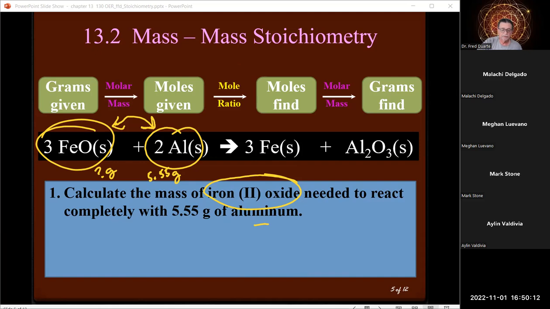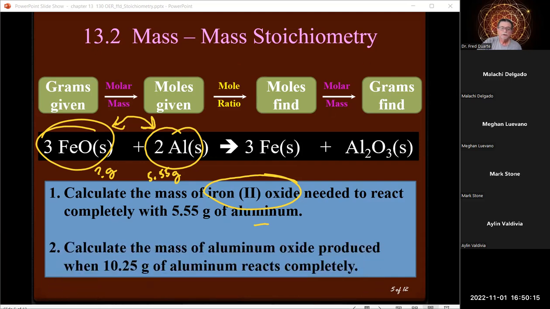Second part of the question, which here I will change the color, is this. It says calculate the mass of aluminum oxide. No, remember, you can't use blue. Let's do red. So my concern for the second question is this product, and I need to know how many grams I'm going to make when 10.25 grams of aluminum react.